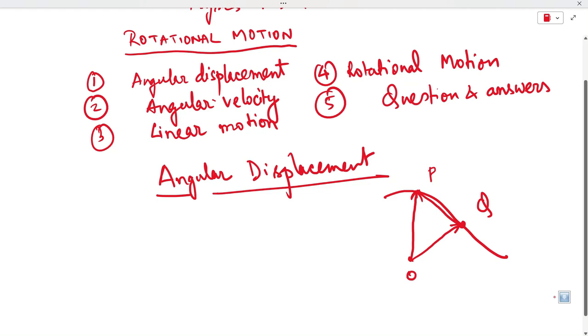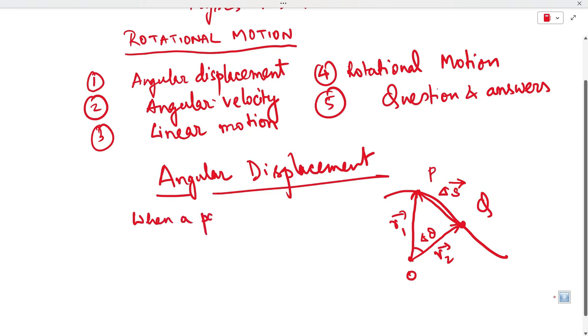So let us see here. This is a resultant vector which can be said as delta S. Let us take the position vectors R1 vector and R2 vector. The angle subtended by these 2 vectors, let us call this delta theta. So what is an angular displacement?